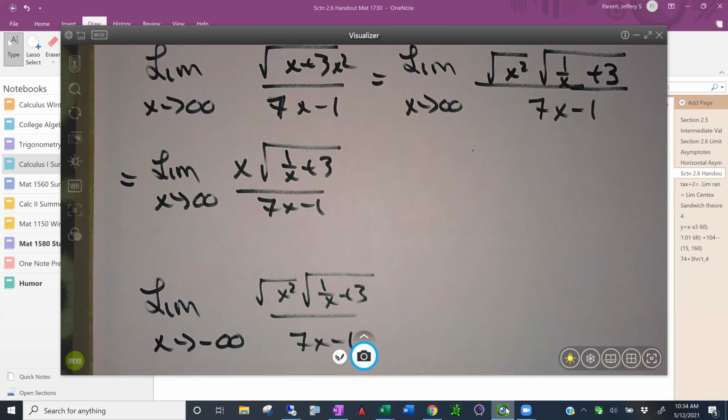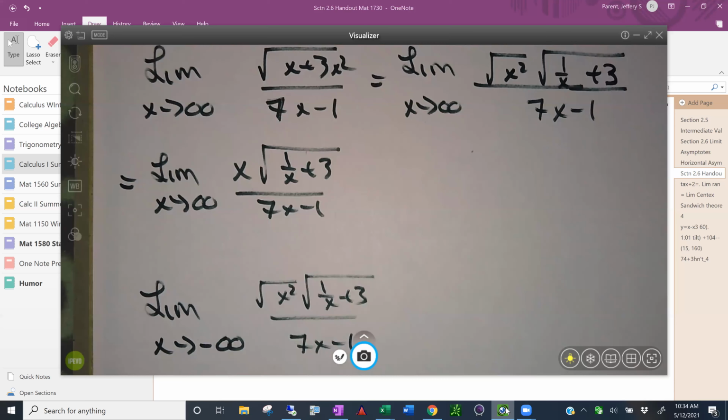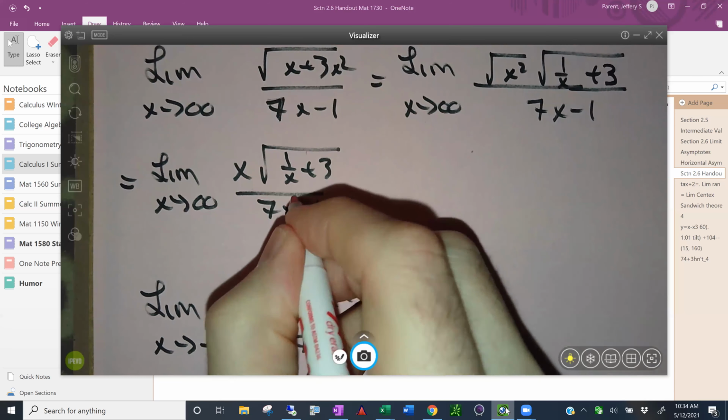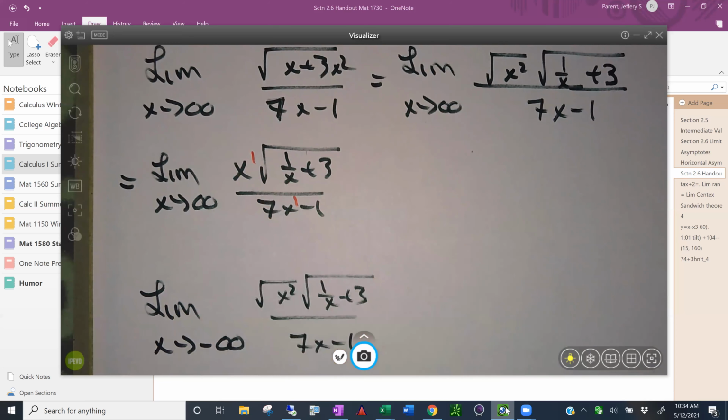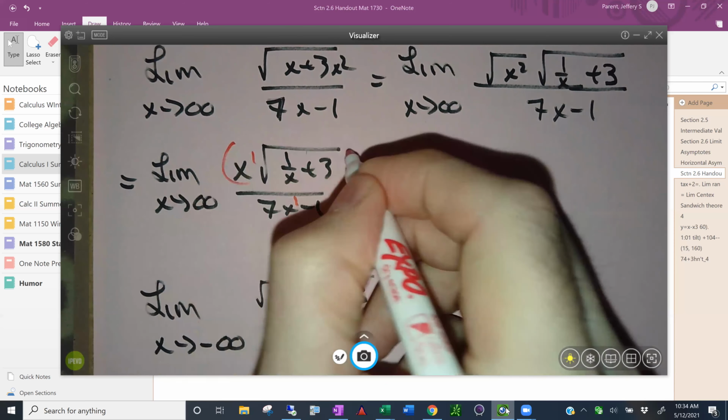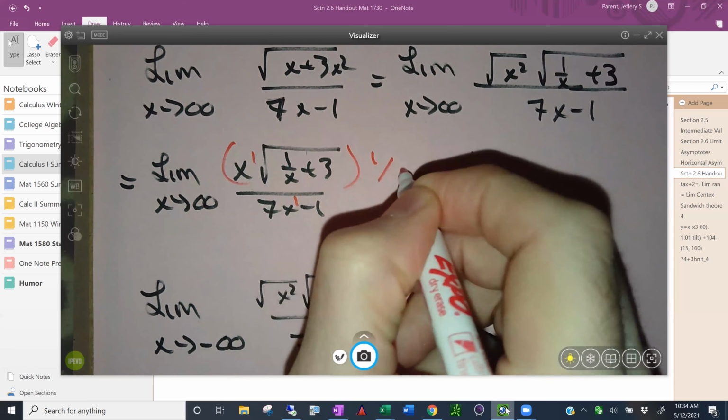So that works out nice. At this point, you can see that the degree in the numerator and the degree in the denominator match. So if I play my little game of dividing everything through by the highest power term in the denominator, I'm going to divide everything through by x.